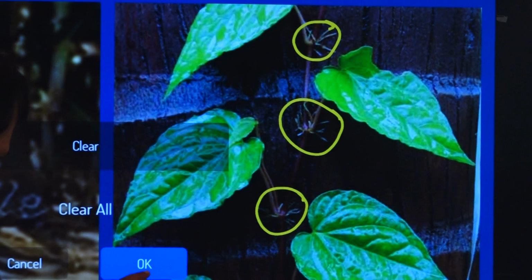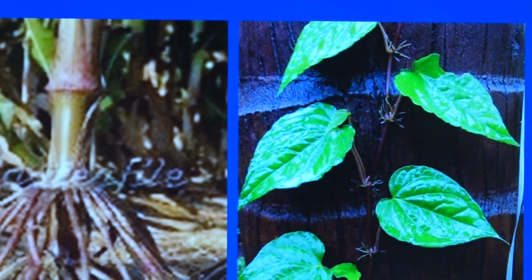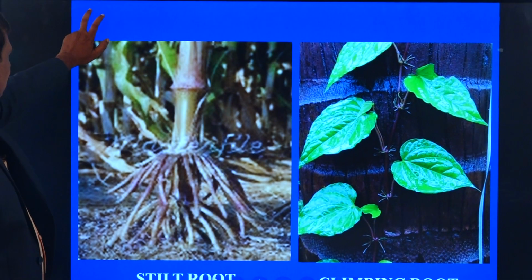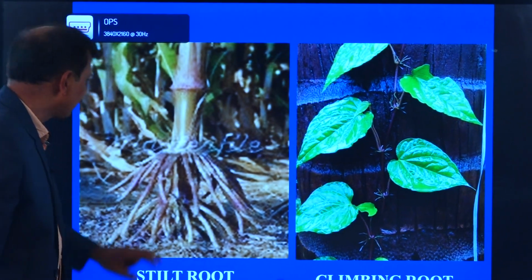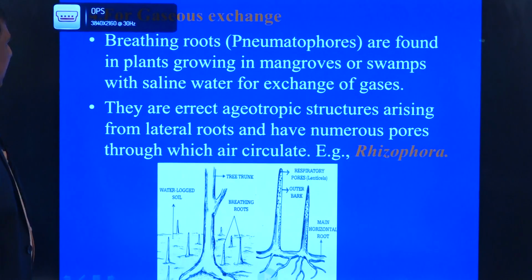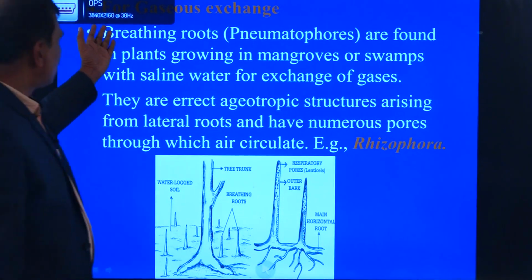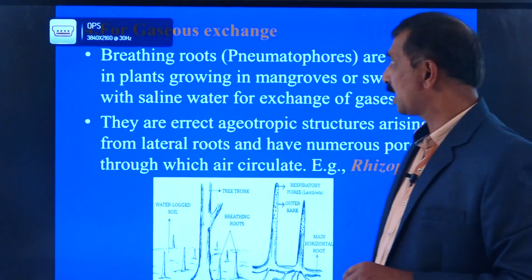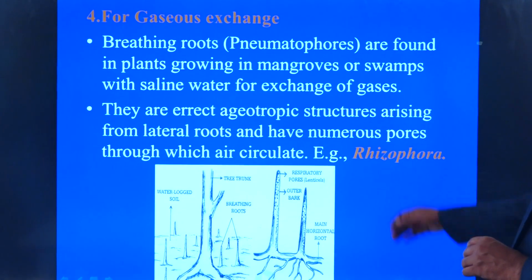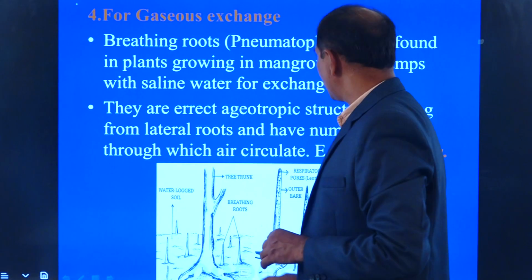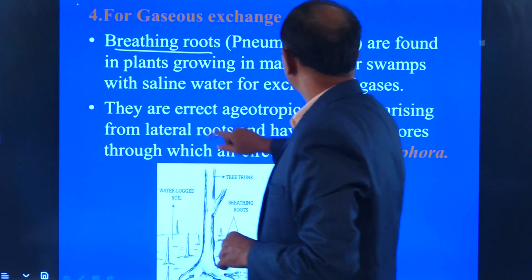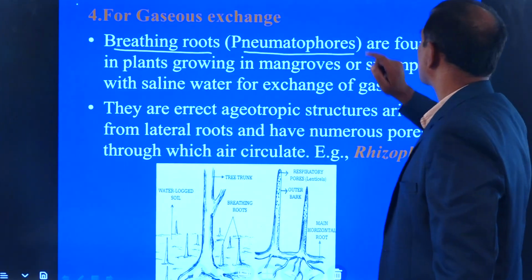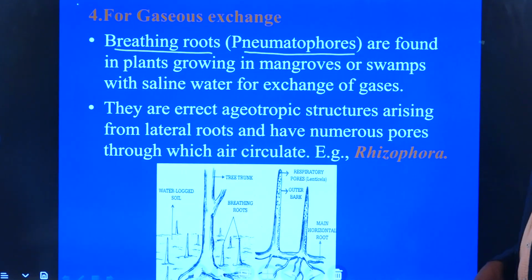So, these are different types of roots for mechanical support: prop root, stilt root and climbing root. Next is modification for gaseous exchange or for respiration. Here the roots are commonly called breathing roots and technically called pneumatophores.